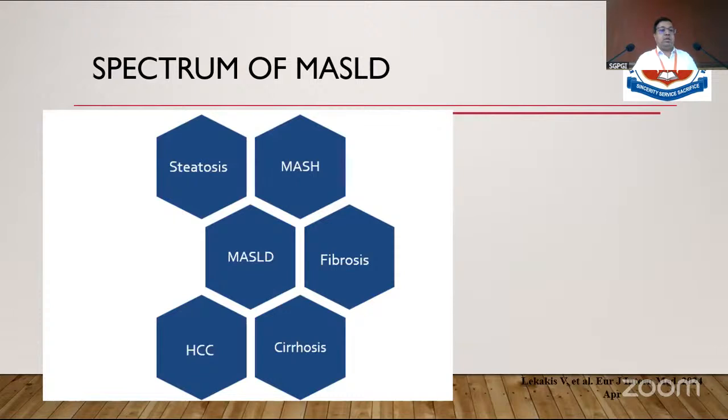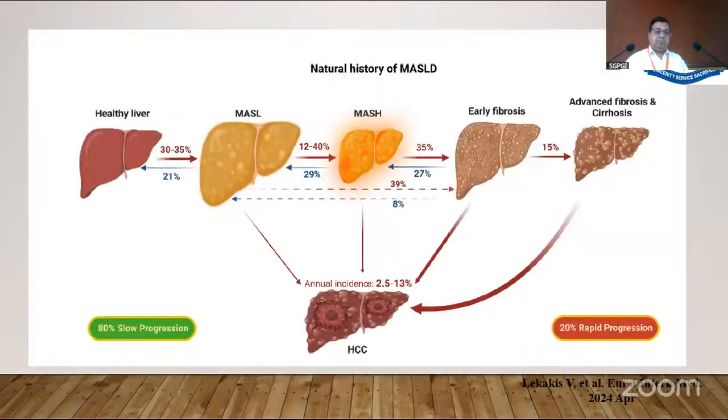So as told, the spectrum varies from simple steatosis to MASH, fibrosis, cirrhosis, and hepatocellular carcinoma. In natural history, about 30 to 35% of patients develop MASH. In 8 to 13 years, 12 to 40% of patients with MASH develop fibrosis.